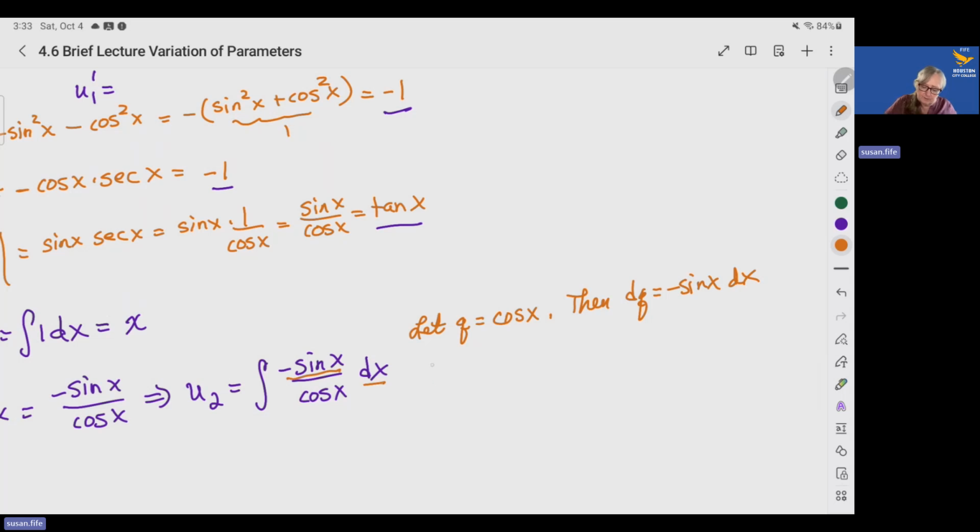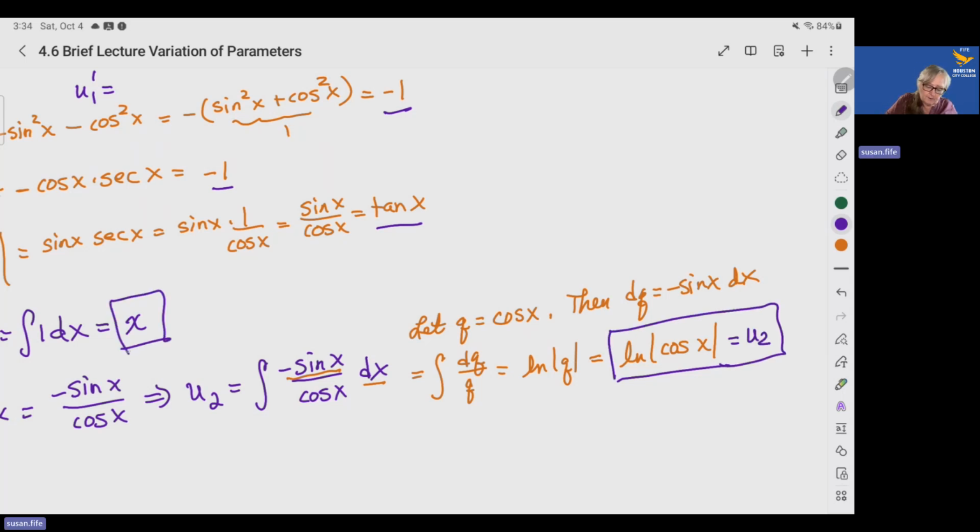And I can make that substitution then, and I'll get dq over q, which gives me natural log of q plus c. But again, we're not going to use constants of integration. And here q is cosine of x. So I get the natural log of the cosine of x. Okay, so this is my u2.